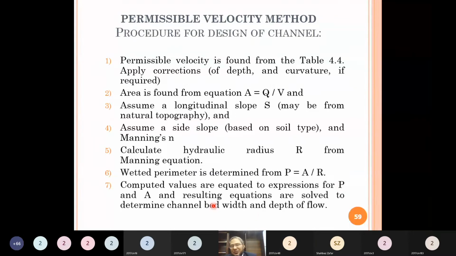So now we have two equations and we have two unknowns. So it means the channel bed width and depth of flow can be computed. So these are the steps to design the channel by using the rational method. Any questions?